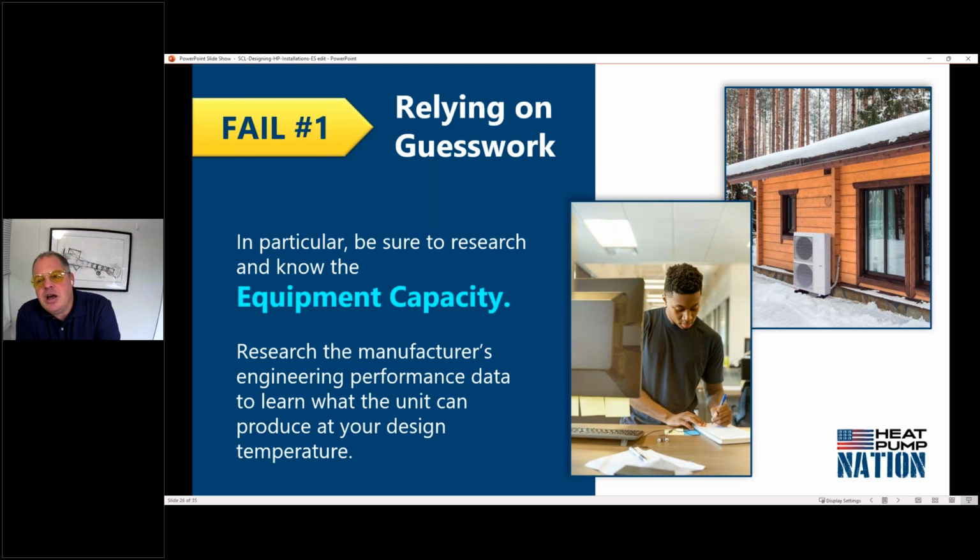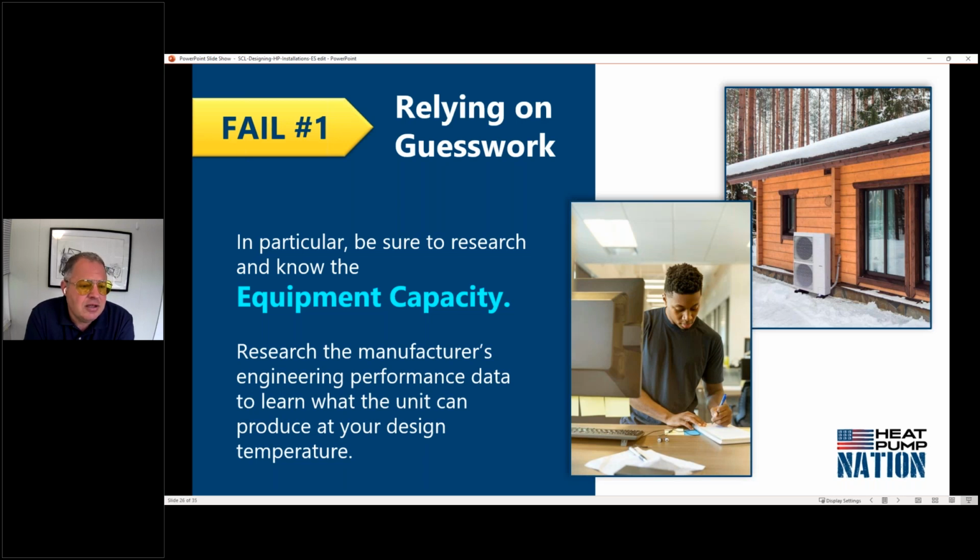And this is where a contractor maybe does the job of a load calculation and evaluating the ductwork, but they don't go further and really understand the equipment's capacity at their local design temperature.